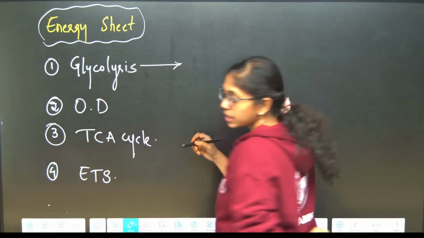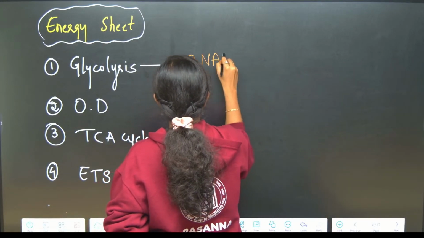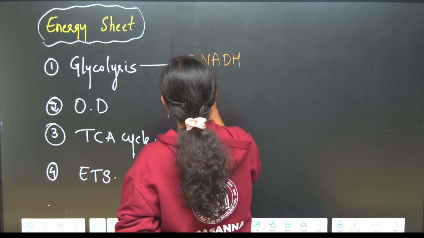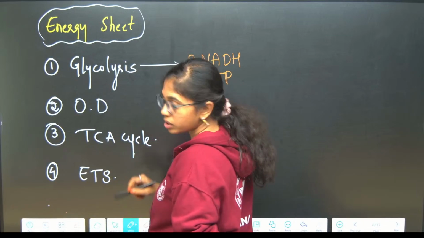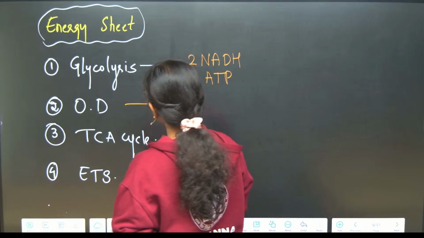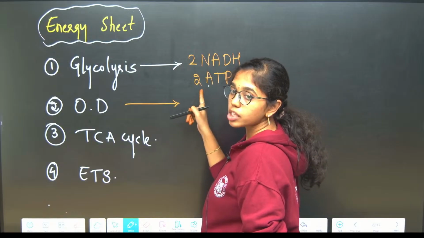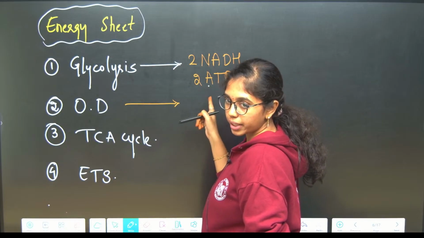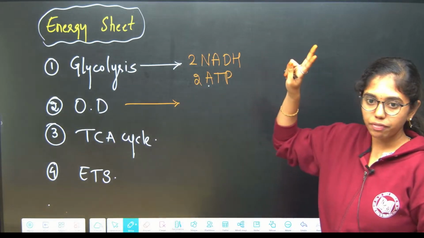how much energy is being released? 2 NADH and 2 ATP, gross. Okay, gross. Glycolysis gives 2 ATP net, gross will be 4, but we have to consider 2 ATP only. Out of 4 ATP, gross ATP, 2 will be utilized by the first and third step, right?